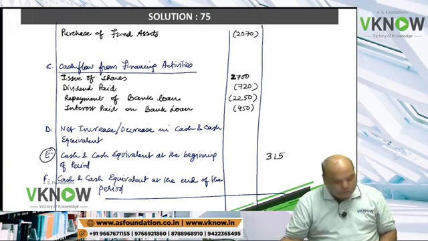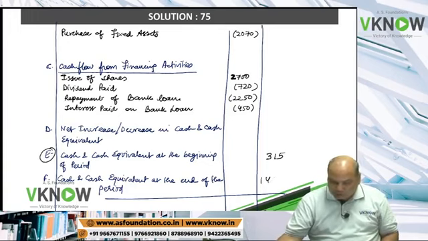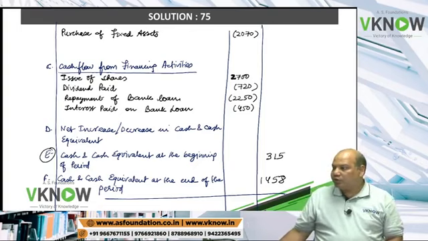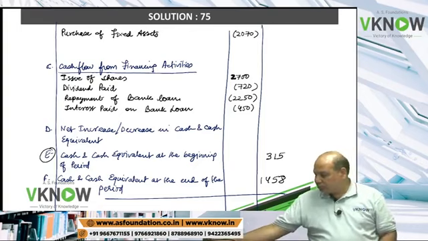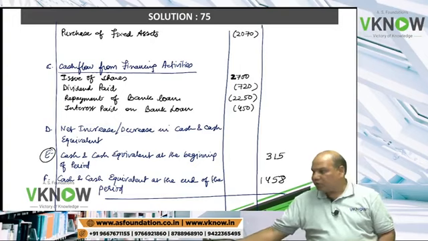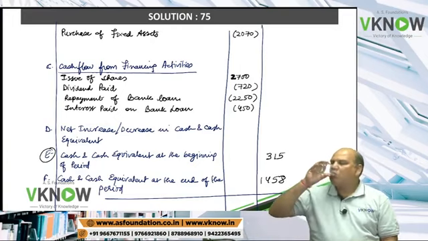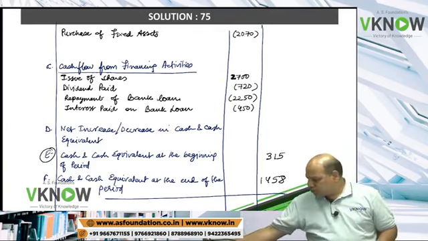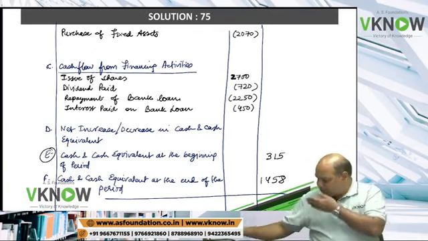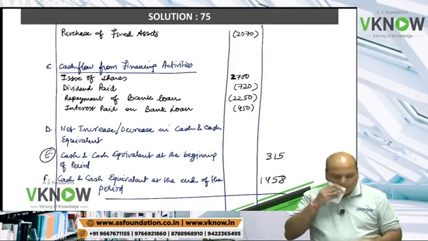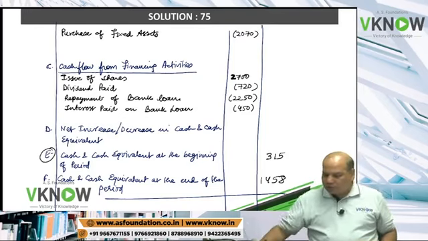This is your closing balance, 1458. Check, up to this you have done. First you transfer all the figures in respective places. So 1458.